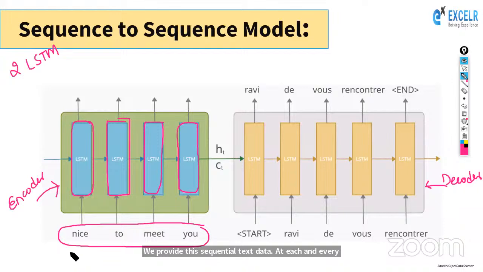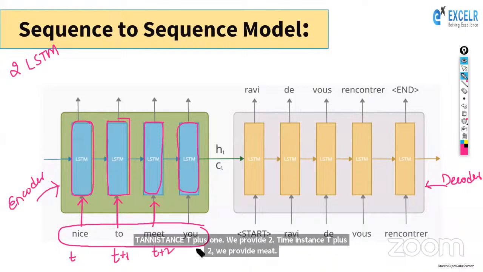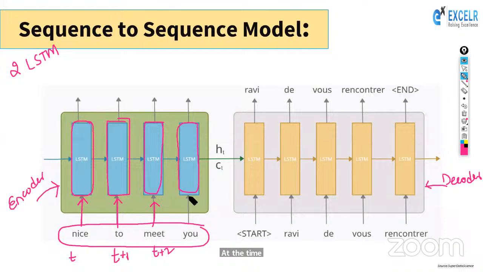At time instance t, we provide nice. At time instance t plus 1, we provide to. At time instance t plus 2, we provide meet. At time instance t plus 3, we provide you. So sequentially, these words will be input to this LSTM architecture.